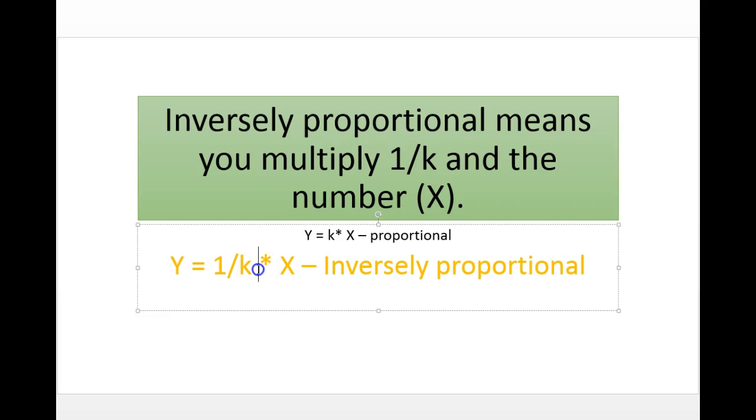Let me just change that. Yeah, so y is equal to k over x. That is inversely proportional. Y is equal to k times x. That is direct proportionality.